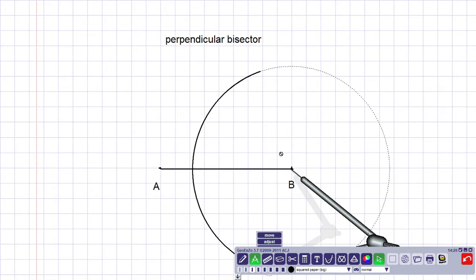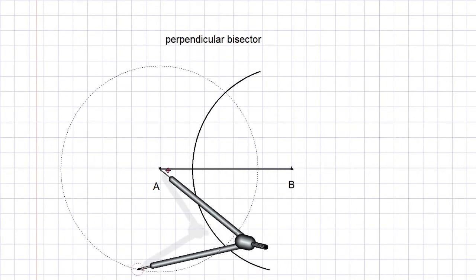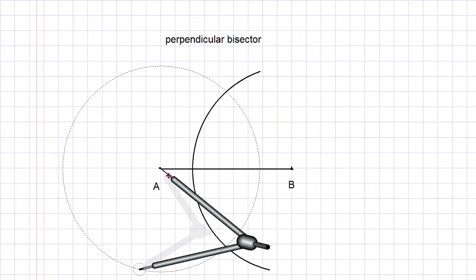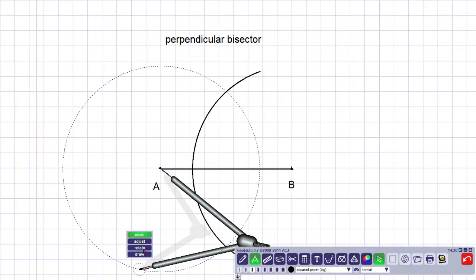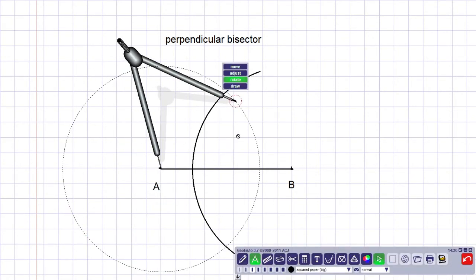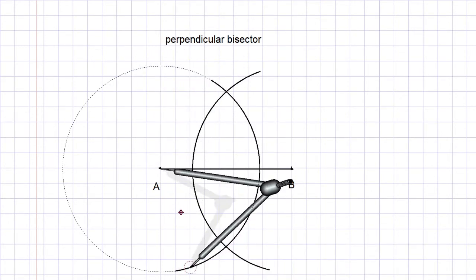Now, without changing that radius, place the compass at A. Now cross the previous arc. Draw this arc and cross the previous arc.